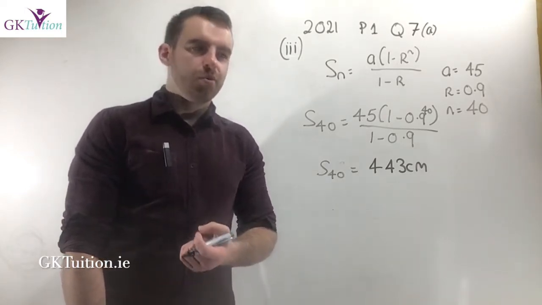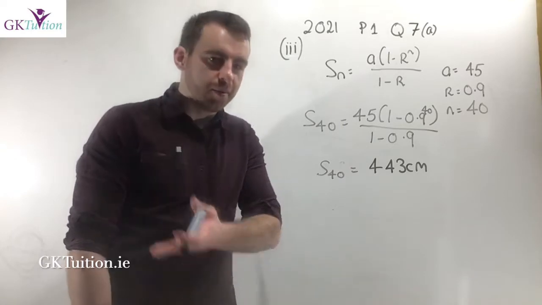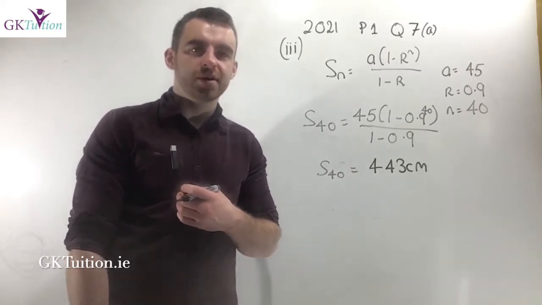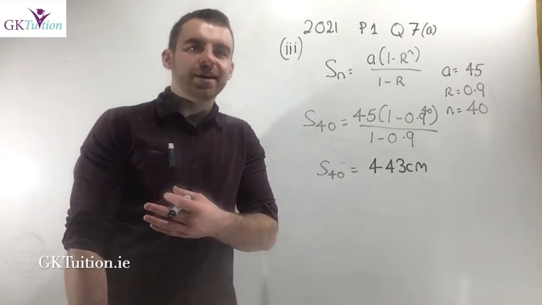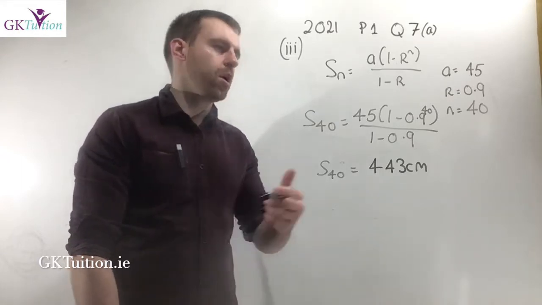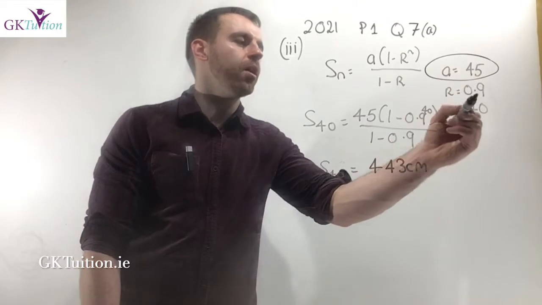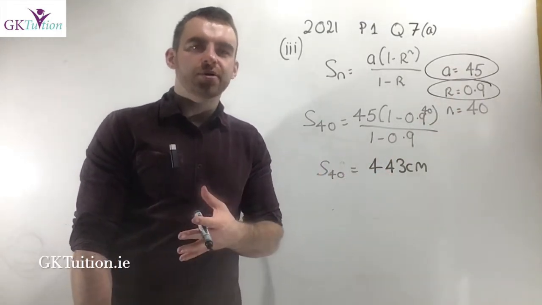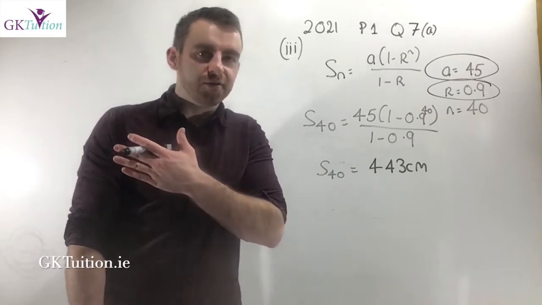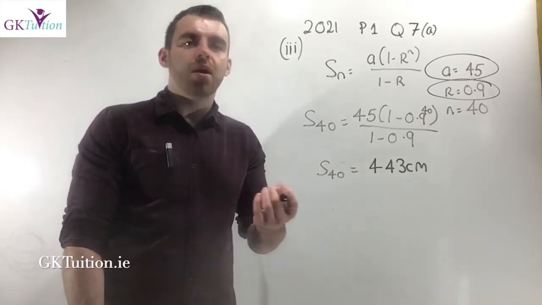In part 3, we're looking for the total distance travelled by the tip of the pendulum after 40 swings. We know the first swing, the tip of the pendulum travels 45 centimeters, then 81 over 2 and so on. We've identified already that it follows a geometric pattern, where a, the first term, is 45, or the common ratio is 0.9. I want to work out, if I added up the first 40 distances, what would they all add up to?